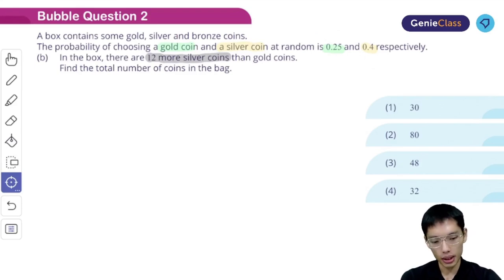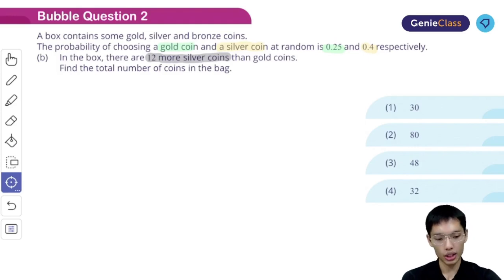And it makes sense because to have a higher probability, it makes sense to have more silver coins than gold coins, right? That's the first thing I have to understand. It makes sense to have more silver coins than gold coins. So if I were to translate it, how do I convert this sentence to make use of probability over here?